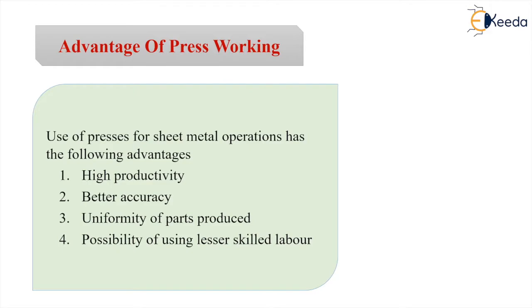Then possibility of using less skilled labor also. So there are no complex or crucial shapes to worry about. Even if complex or crucial shapes are there, that shape is already on the punch and on the die. So here there is less operator skill required for the operation.